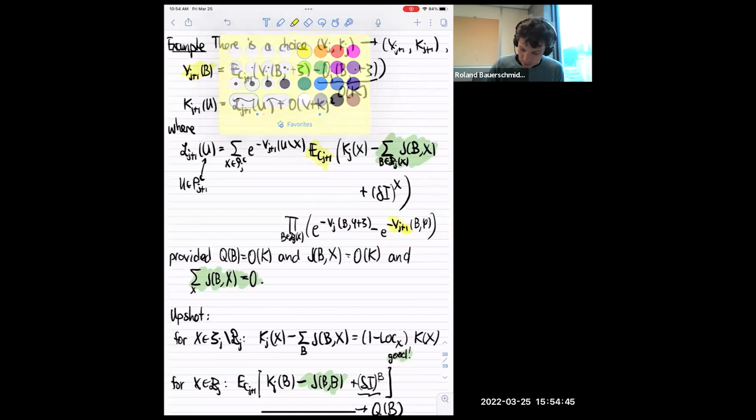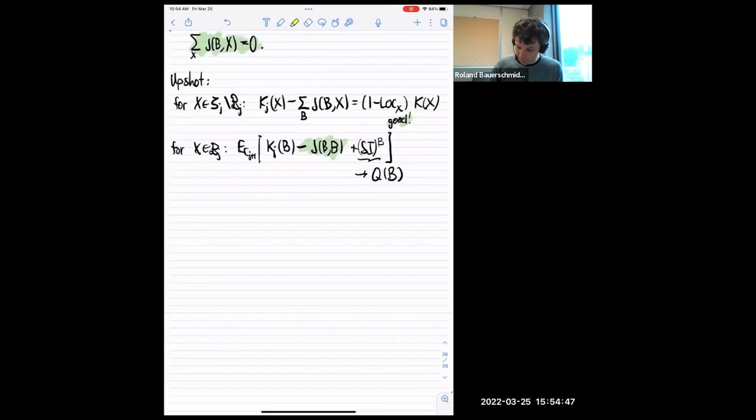Oops, into the v coordinate. So there's this additional jbb term, but we're allowed to pick q of b however we want. And so we can just pick this q of b to cancel the jbb term and put the log back. So this is also one minus log b k of b if you pick q of b to be basically, well, JBB.